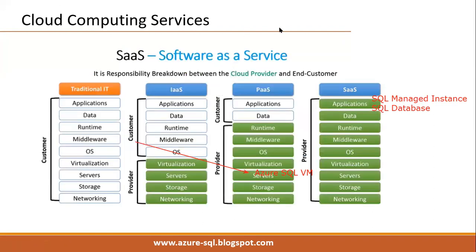Check here again. Already we have seen in case of traditional IT, everything we have to manage. In IaaS, networking, storage, servers, virtualization, all these are managed by the provider, for example Microsoft. Then operating systems, middleware, runtime, our database servers, application servers, everything we have to manage.